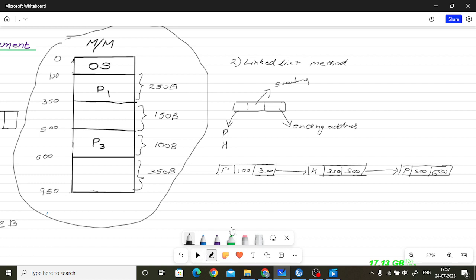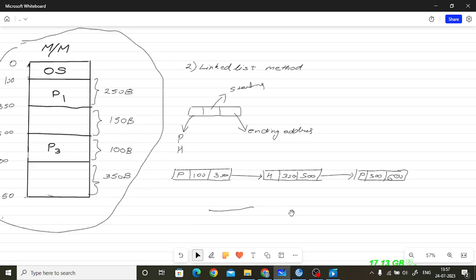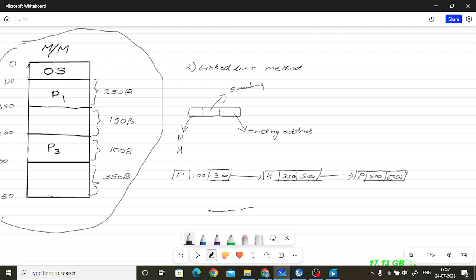And after that there is one hole, which is created due to a process moving out of the main memory.